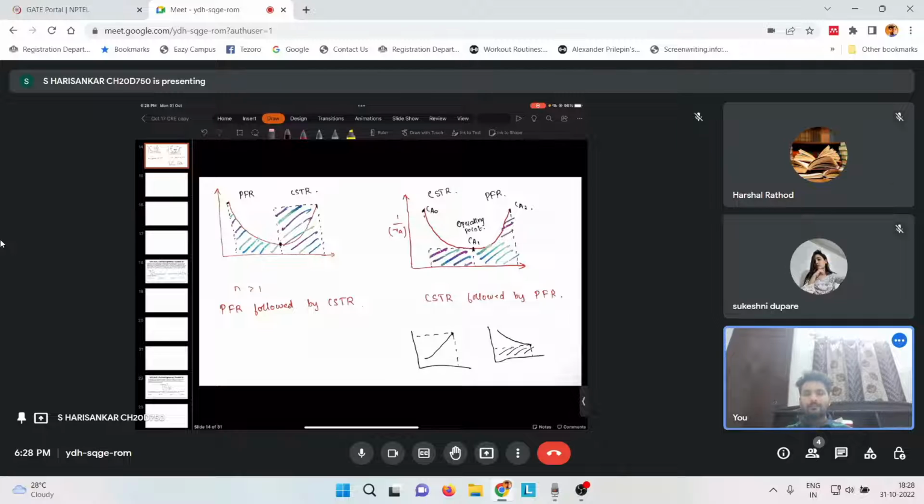Now in these two cases, just look and see which case gives you the least area. Yes, exactly.